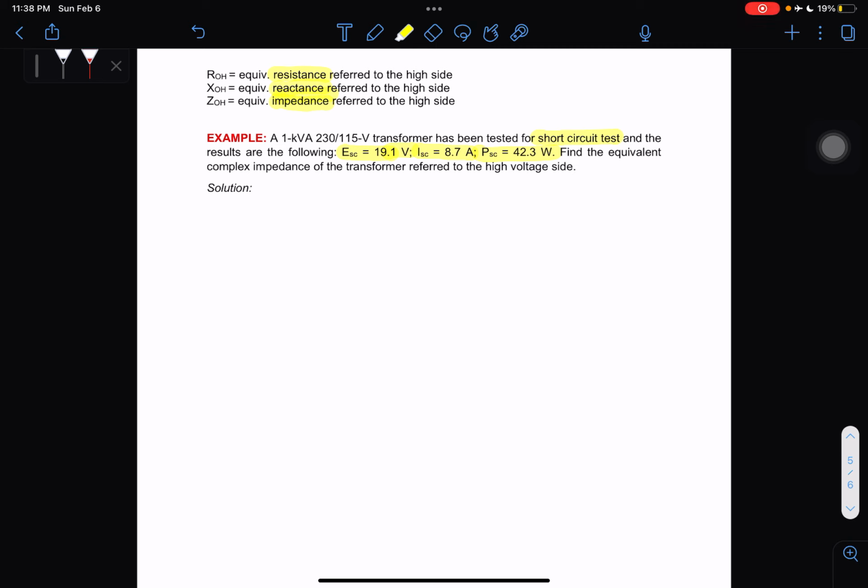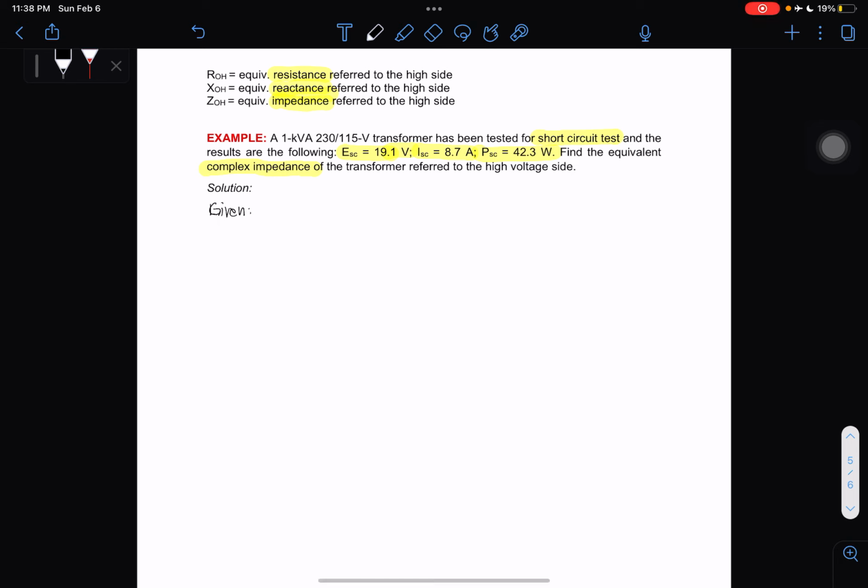Find the equivalent complex impedance of the transformer referred to the high side. The complex impedance is the unknown in our problem. First, we need to write our given.